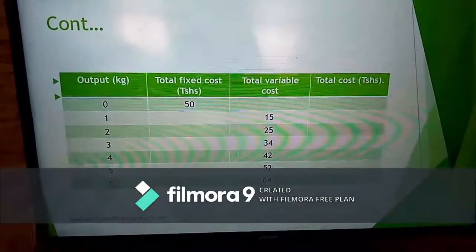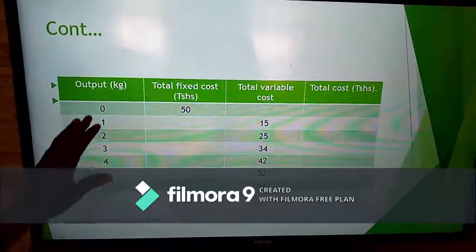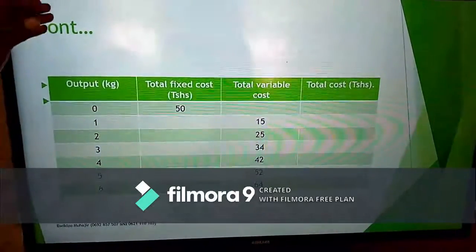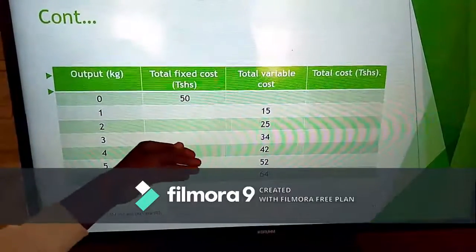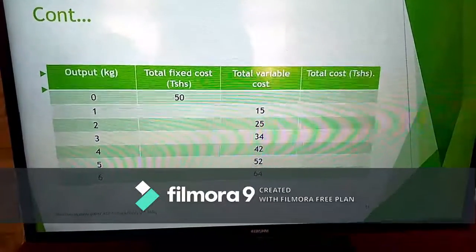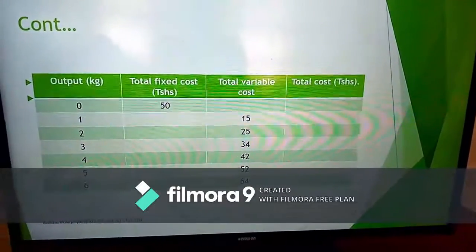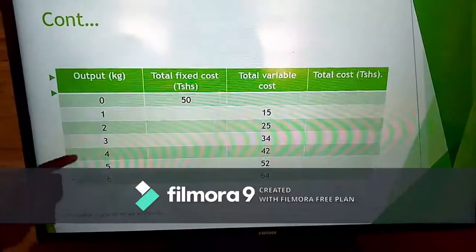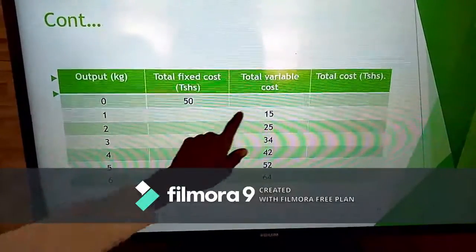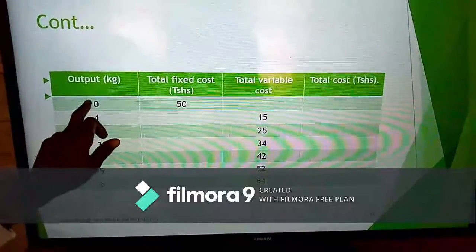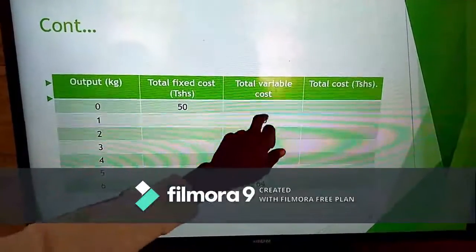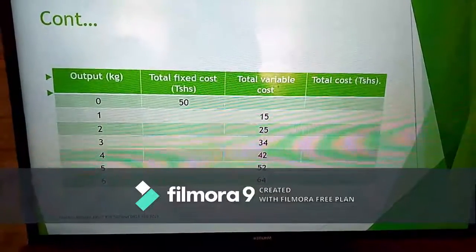Now, consider this schedule here, where we have 6 levels of output, total fixed cost, total variable cost, as well as the total cost. Remember that at a 0 output level, no variable cost will be paid, so the total variable cost will also equal 0.